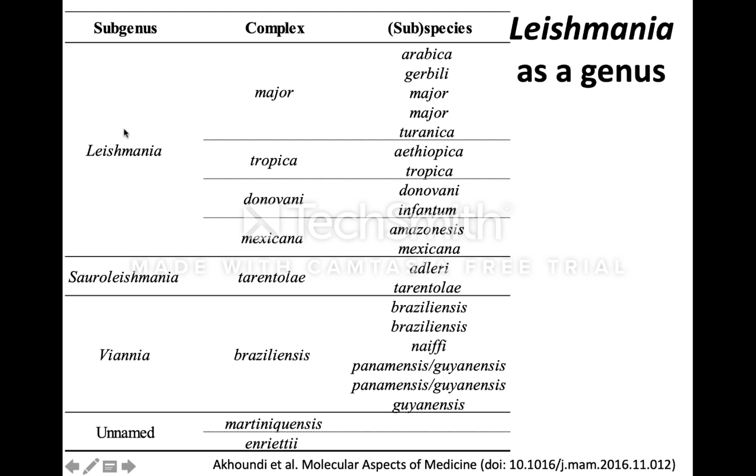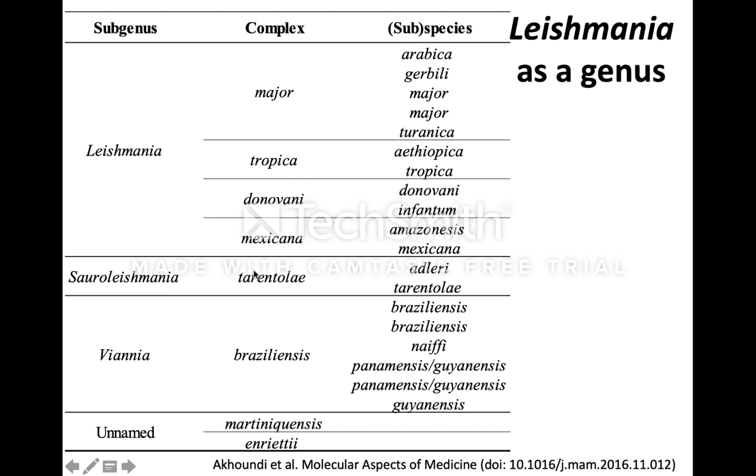We have the subgenus Leishmania, the subgenus Sauroleishmania that mainly infects lizards, as opposed to Leishmania that infect mammals, the subgenus Viannia that mainly infects humans and animals as well, and then other assorted subgenera that are less well documented because they have a lower global burden of infection. Within each subgenus, we see that there are different complexes. In the Leishmania subgenus, there are 4 main species complexes, each containing a compendium of subspecies.